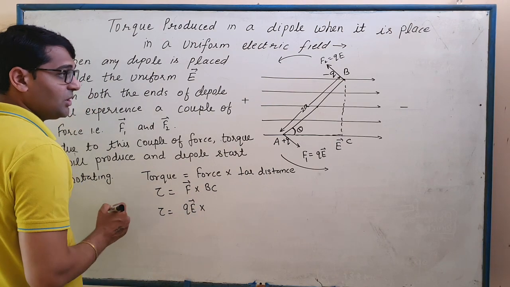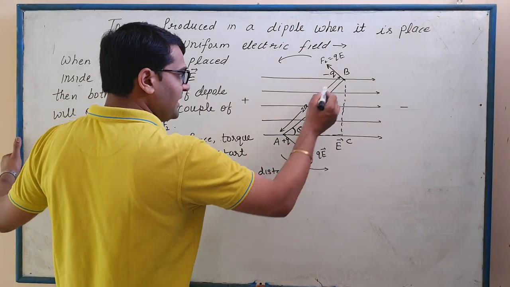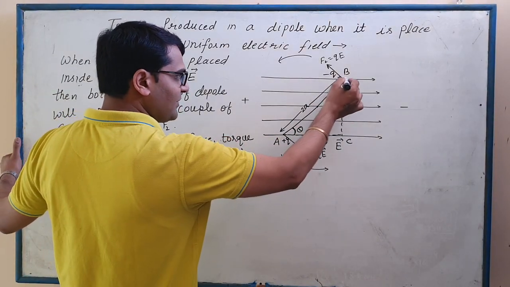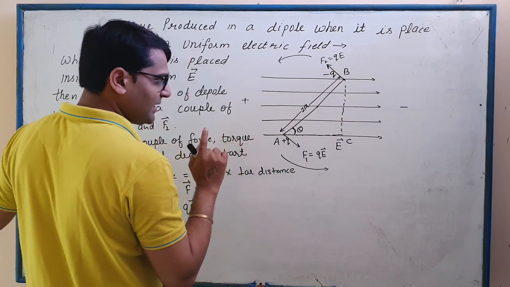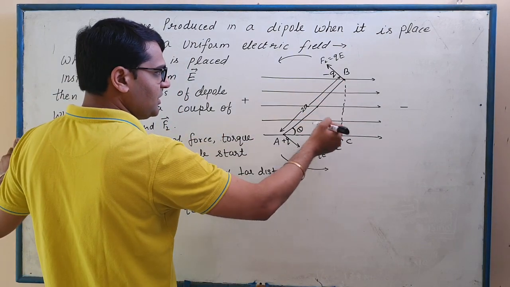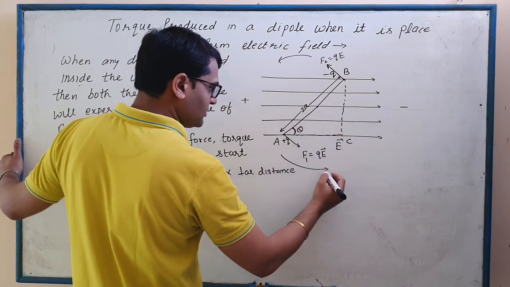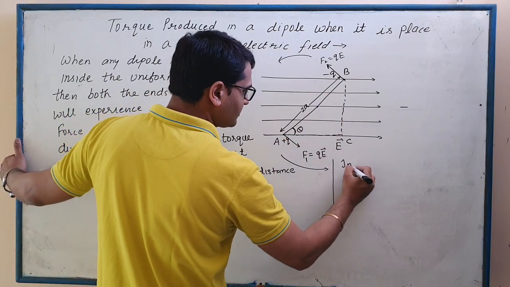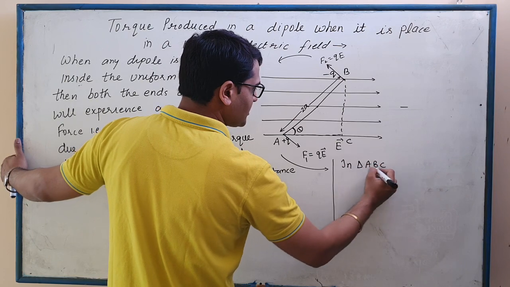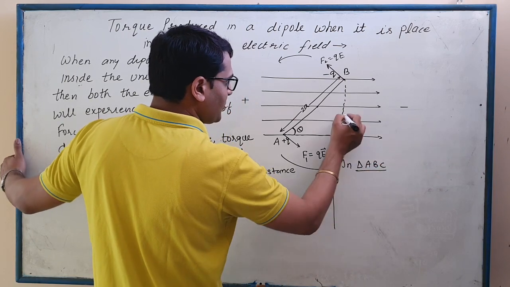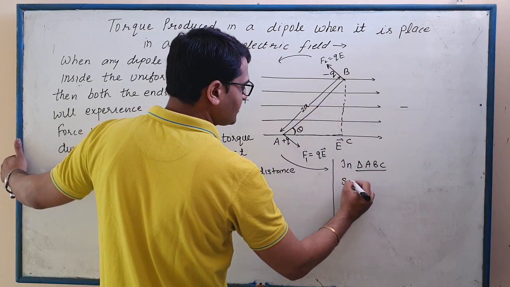Into BC. We have the value of AB only, but we do not have any value of BC. But we can convert this BC in terms of AB. This is the perpendicular, this is the hypotenuse. In triangle ABC, perpendicular and hypotenuse give sine theta.